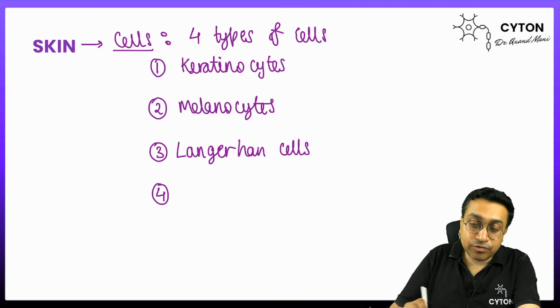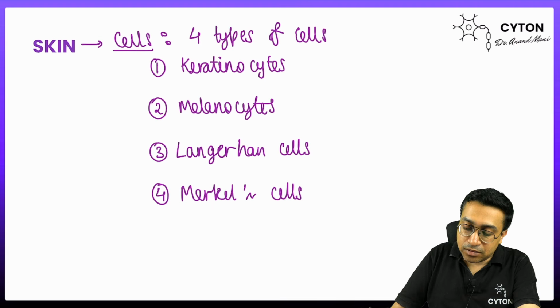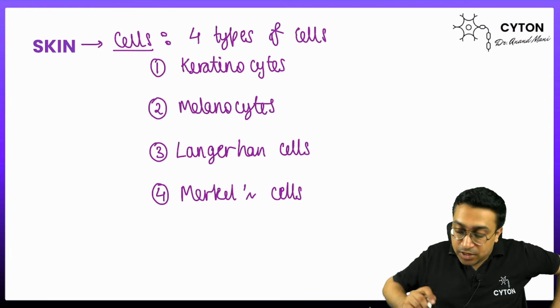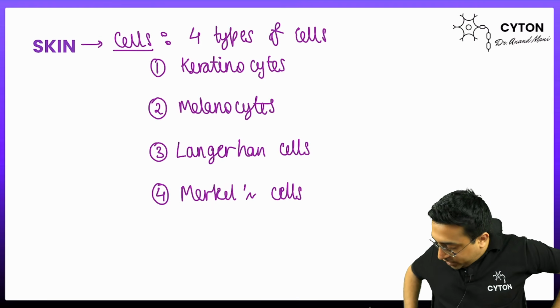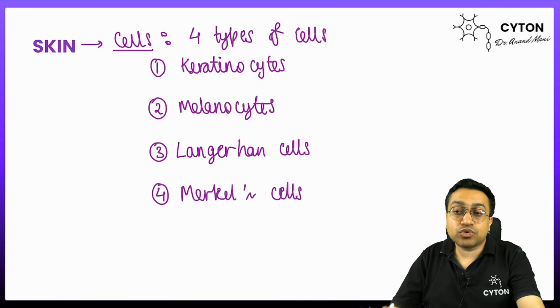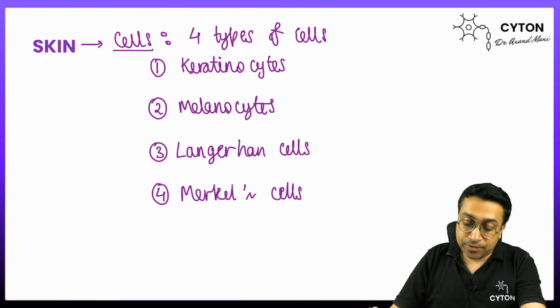Number 4, we have the Merkel cells. So these are the main 4 types of cells which you should know in the skin.